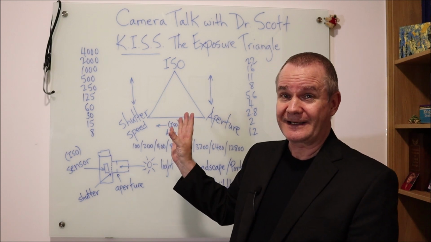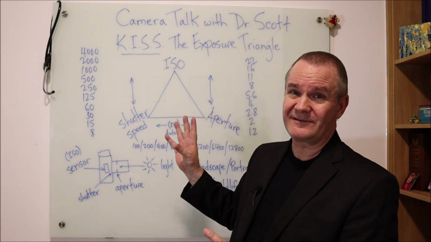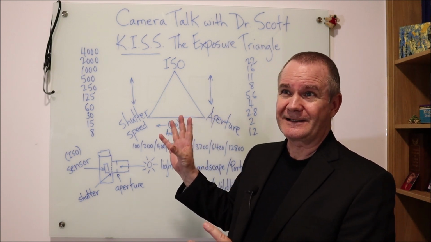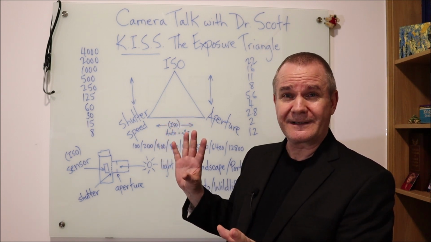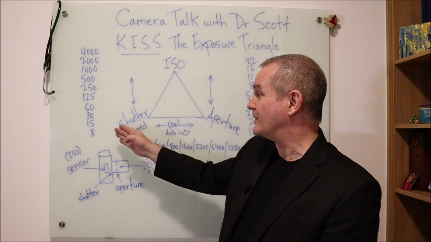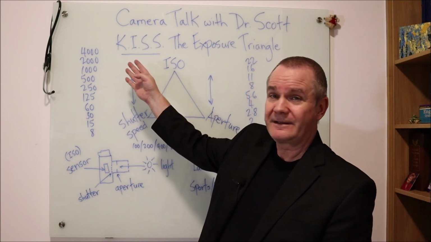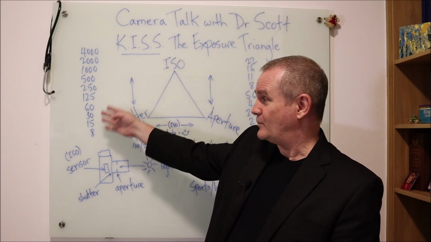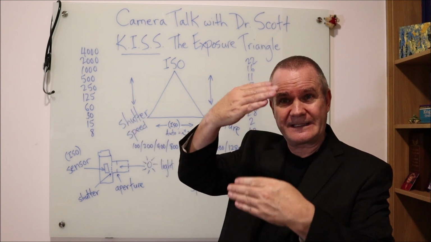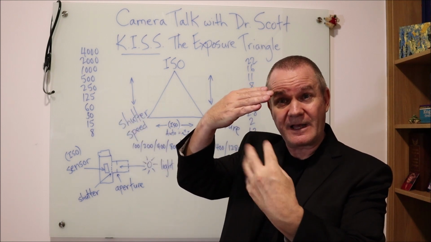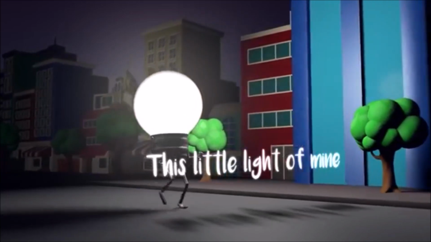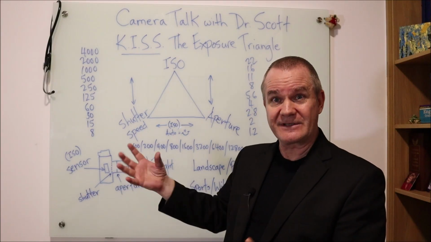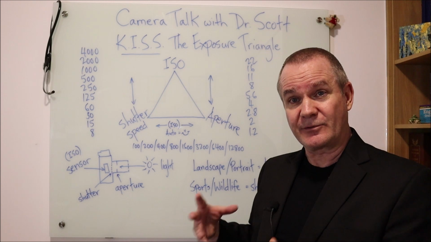So in terms of light or dark, when you're outside or in a room with bad lighting or whatever, obviously you would need a low shutter speed to keep the shutter open long enough to allow that little low light to get in there to give the sensor enough to create a photograph.